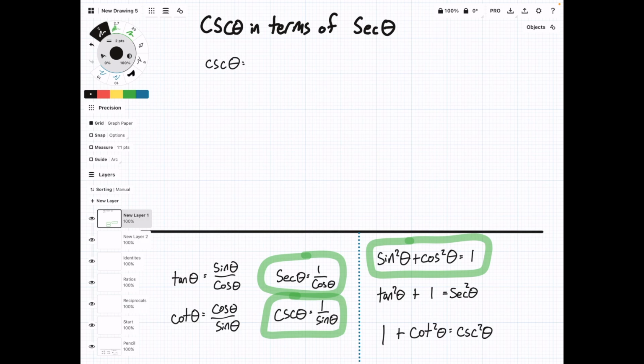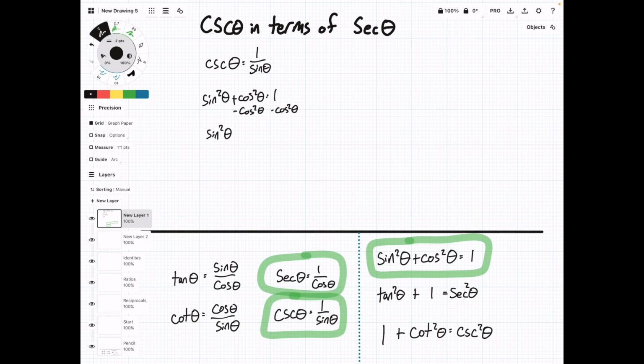Cosecant theta is equal to 1 over sine theta. Now we can solve for sine using this identity. And we've done this a few times before, but we'll do it again. Sine squared theta plus cosine squared theta equals 1. We subtract the cosine squared theta from both sides.